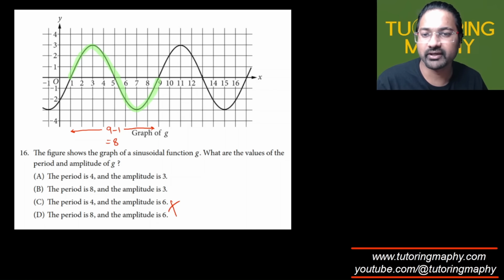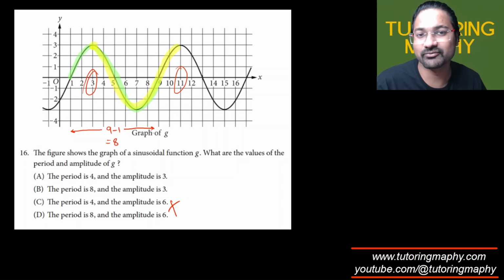Or another way to find the time period would be, let's say you start from the top. You don't want to start from the bottom. You start from the top, goes down, and then go up, and you stop right there. So once again, over here is 3, and over here it's 11. 11 minus 3 is 8.